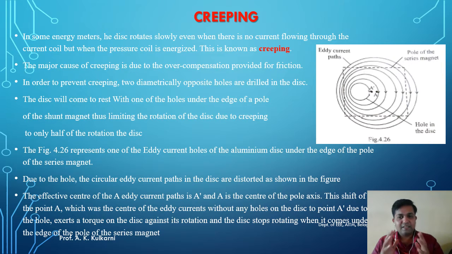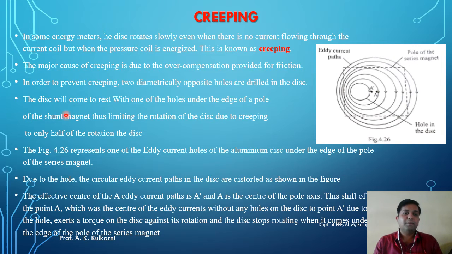So if all the loads are turned off and the disk still rotates, there is an error in the energy meter. To avoid such errors, we are going to employ the creeping technique.